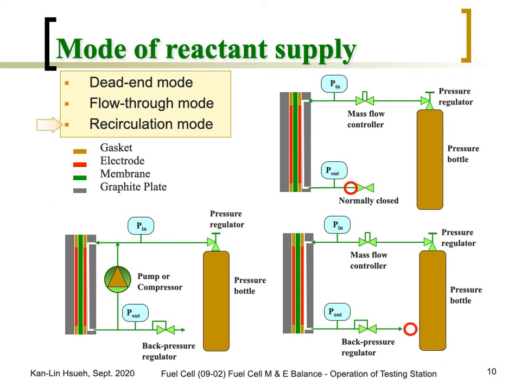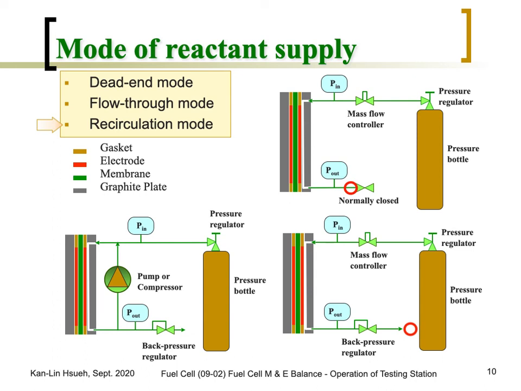This type is usually for smaller single cell tests in a university, academic or research institute. For a stack, more than 100 watts or kilowatt, usually we will not do that because, first, flow through will waste a lot of hydrogen, and second, the hydrogen exhaust has to be treated properly, otherwise it may cause some dangers.